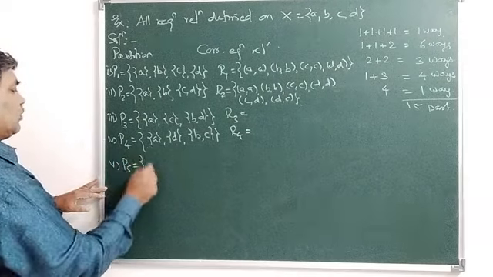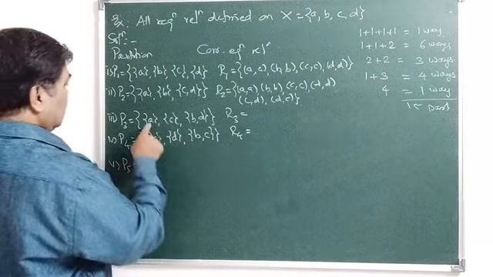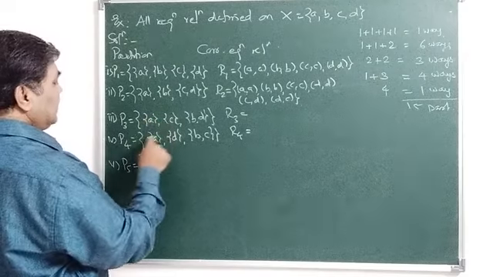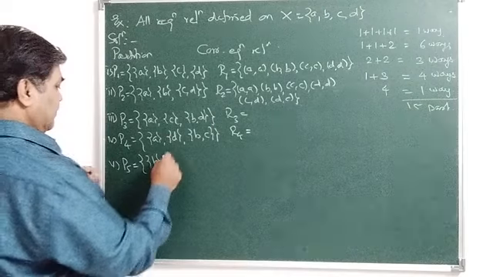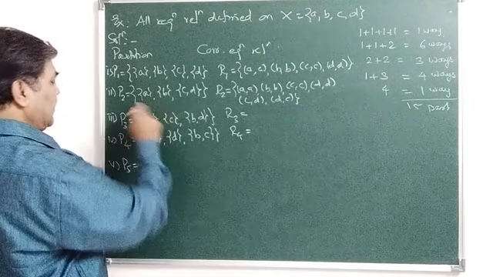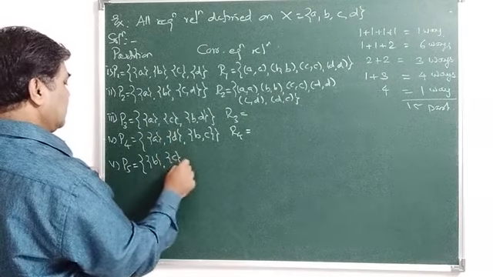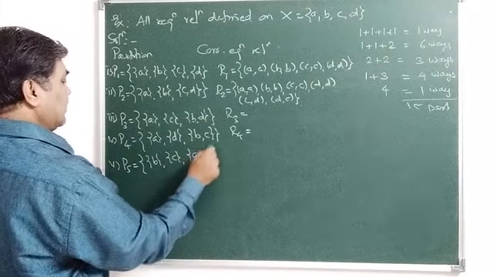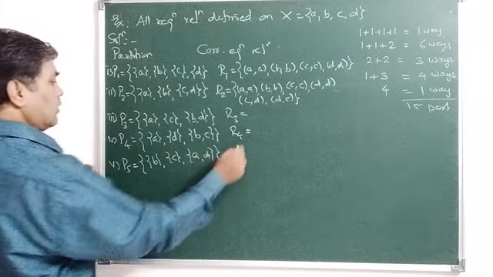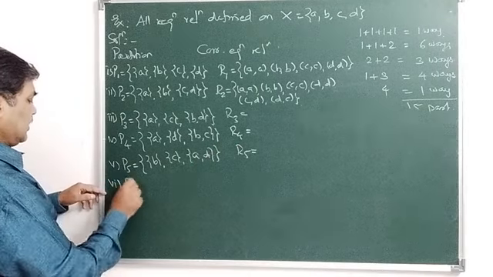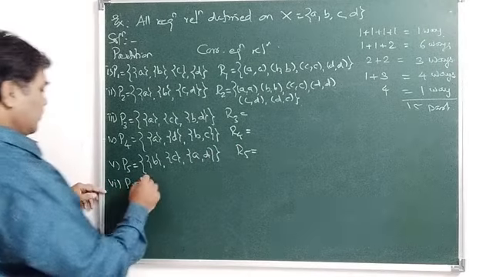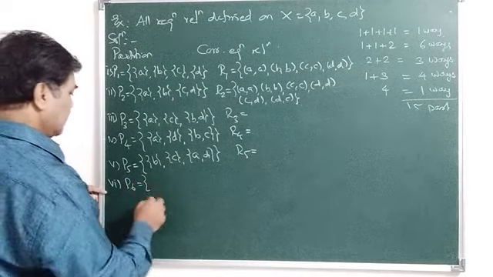P5 is equal to, I have taken AB, AC, AD. Now I'll take BC. It is not necessary to take BA now. BC, then AD, R5, right?